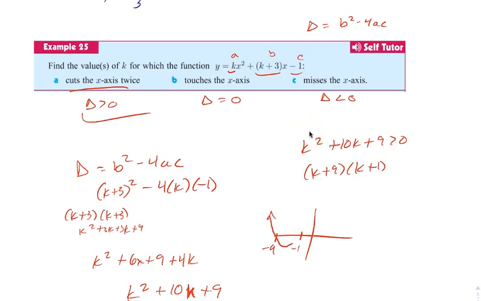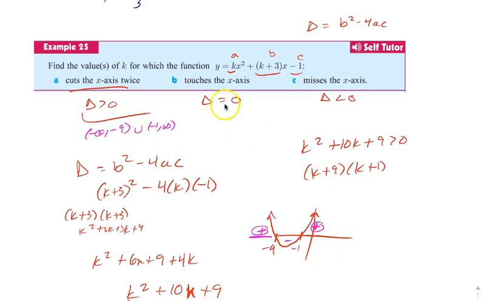It looks like this. Right there, I could answer everything. When is the discriminant greater than 0? From this side, not in the middle, that's when it's above, and on this side. So from negative infinity to negative 9, union negative 1 to infinity.